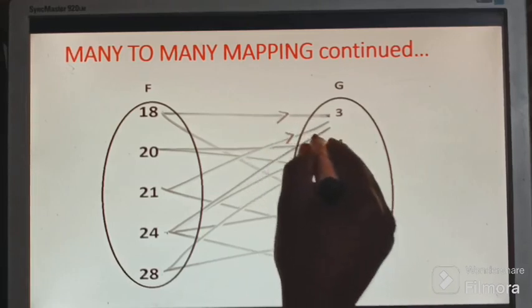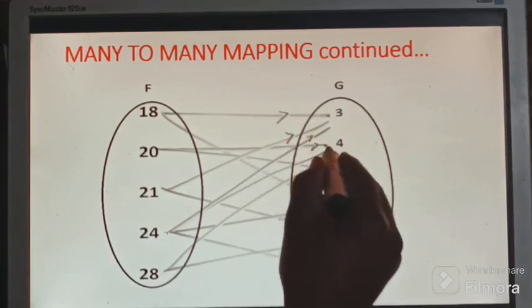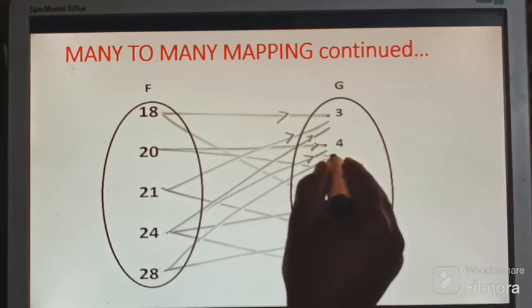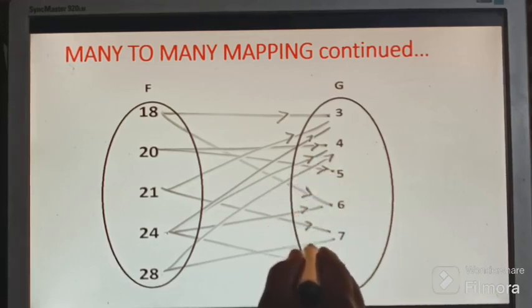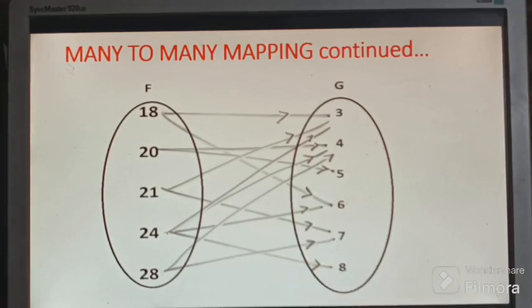So remember, the arrows always face this way, like that.